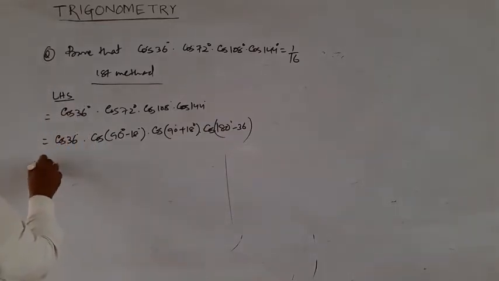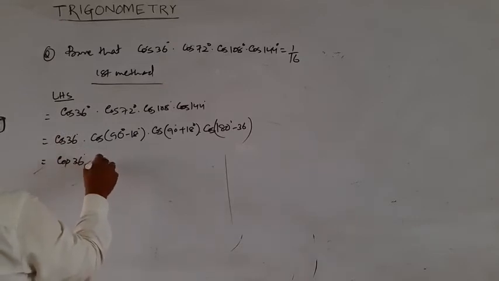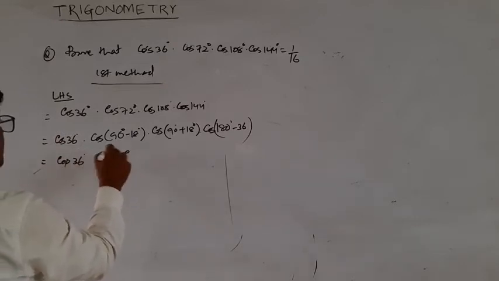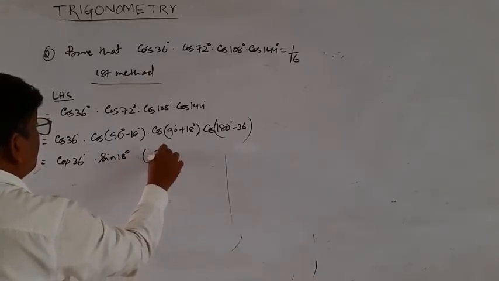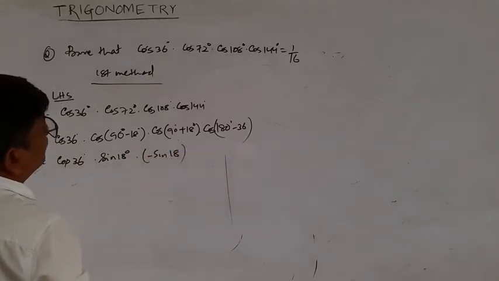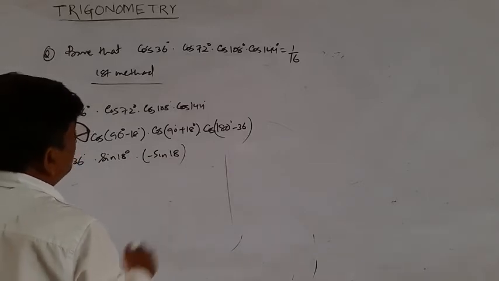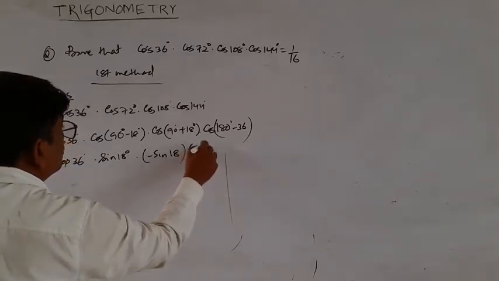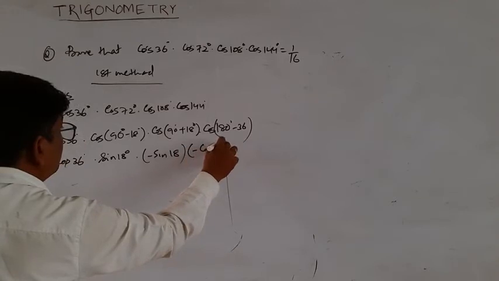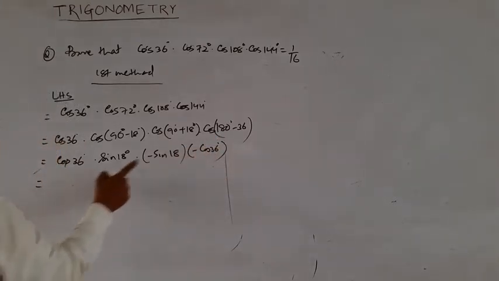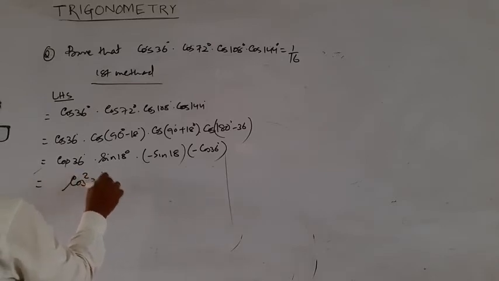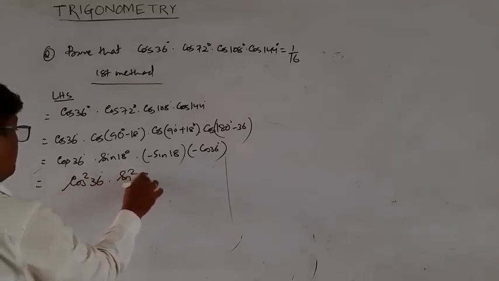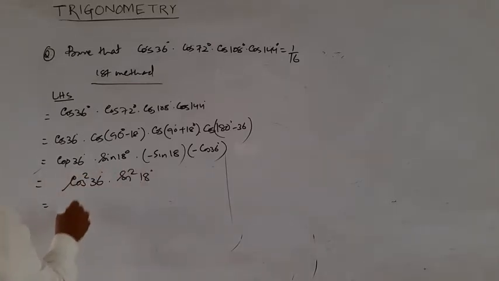Okay, so this is equal to cos 36 degree into sin 18 degree, and minus sin 18 degree, and minus cos 36 degree. So this is equal to minus minus plus, cos square 36 into sin square 18. What is the value of cos square 36?